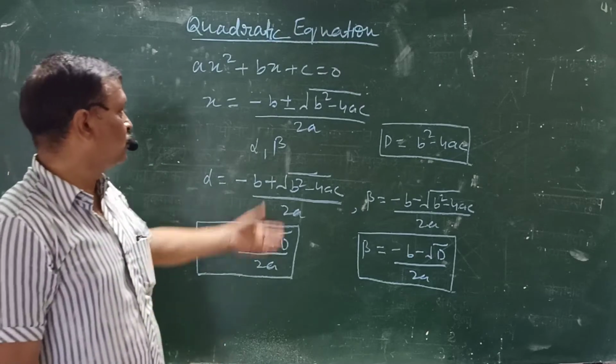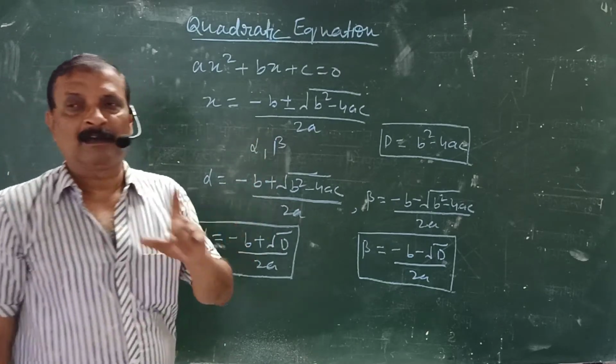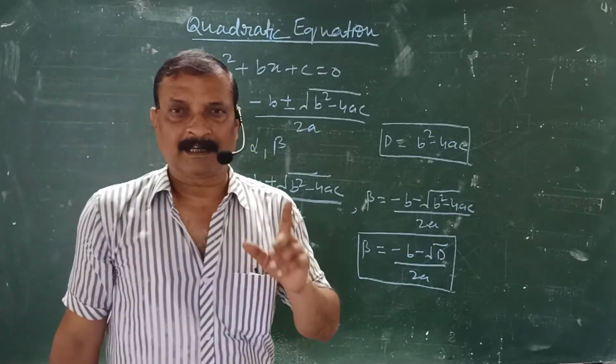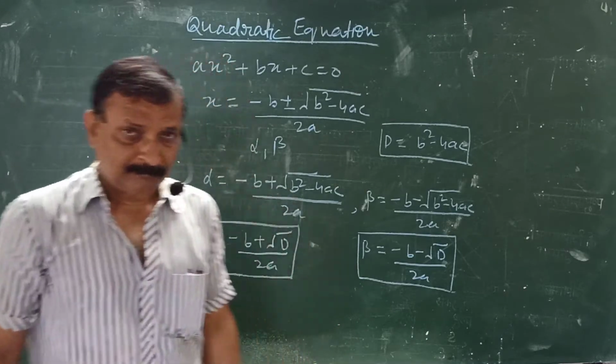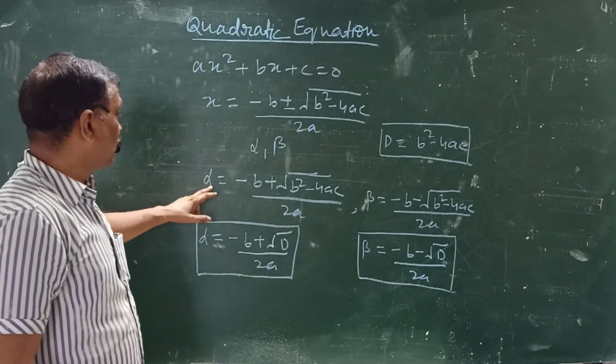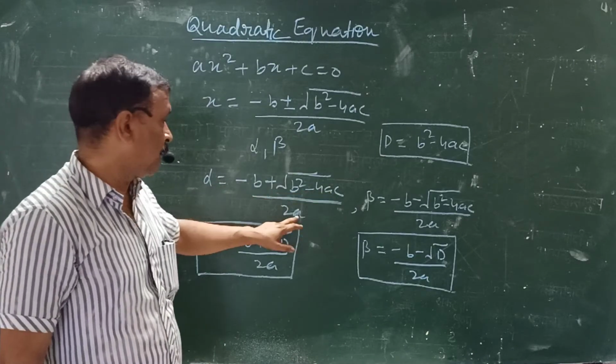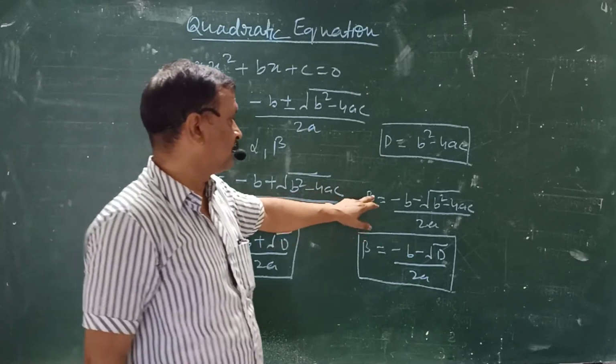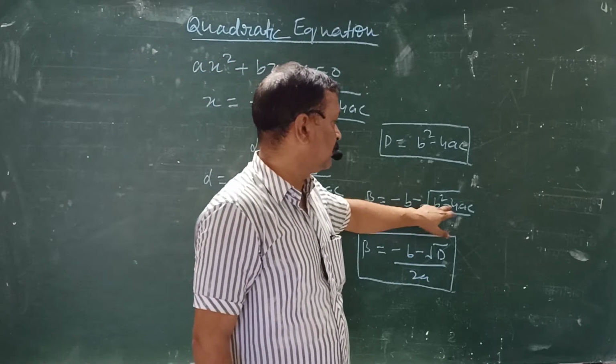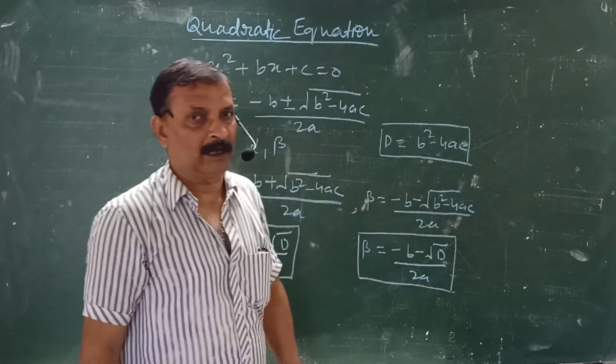There are two roots of the quadratic equation, first root alpha and second root beta. Is it clear? Then alpha is equal to minus b plus root b square minus 4ac upon 2a, and beta is equal to minus b minus root b square minus 4ac upon 2a.